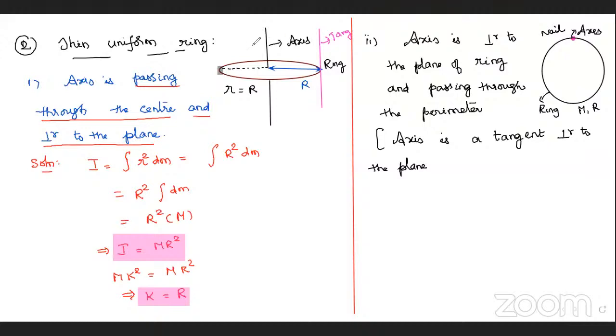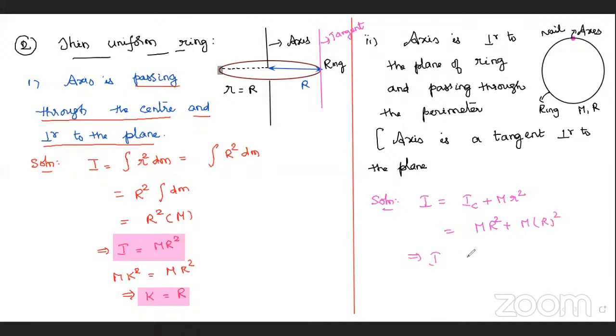Okay, first axis. We can use the parallel axis theorem. I is equal to I_C plus M R square. You know the perpendicular distance clearly, that is equal to capital R. Therefore, I_C passing through the center, you know already, that is M R square, plus M into small r, which is capital R, whole square.